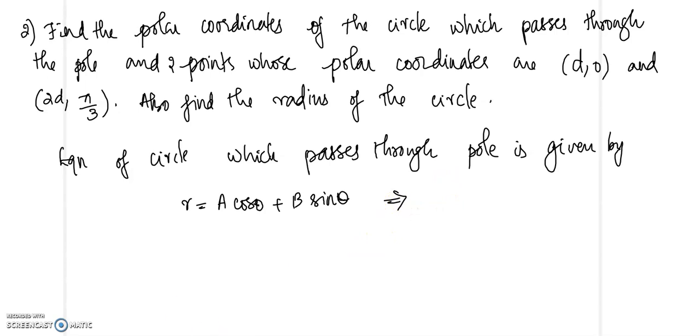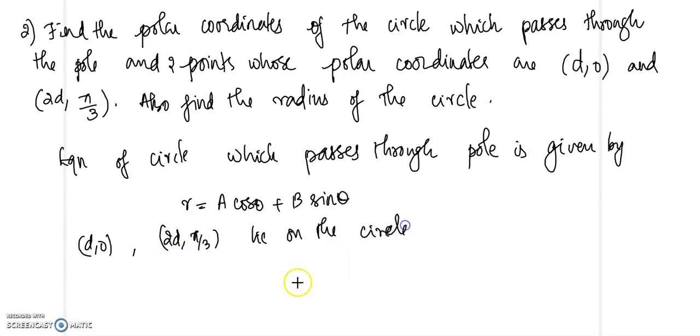So d0 comma 2d pi by 3 lie on the circle. So that implies, let us substitute these points into the circle. You'll get d equal to a, sin 0 is 0, so that will be a equal to d.